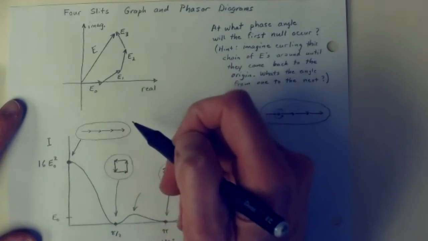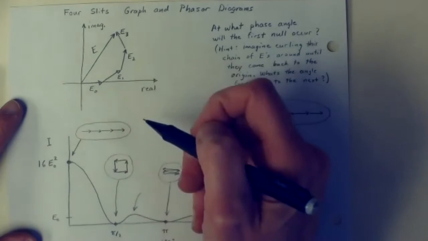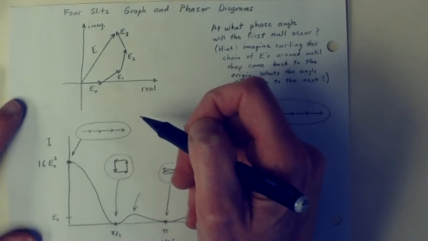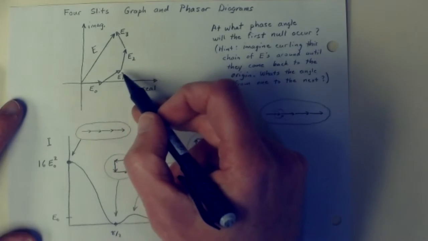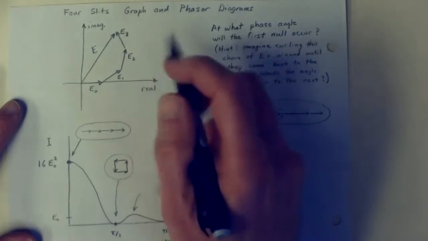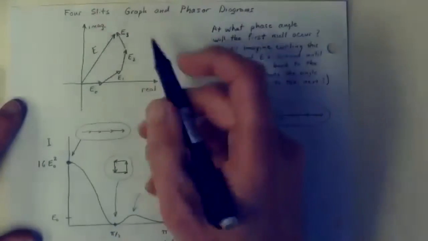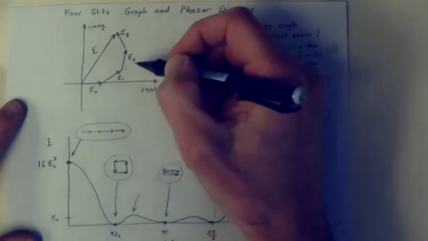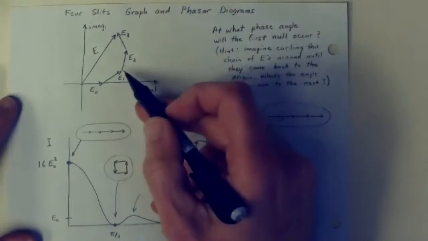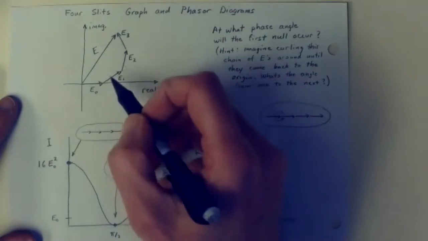And ultimately, we're going to add these together, so we draw them head to tail like this. So here's the phase shift on the first one. The second one has twice that phase shift, so its angle is rotated again that same amount. You could, if you wanted to, draw that angle in there. I'm not sure I did it perfectly, but that angle should be the same as the angle down here.